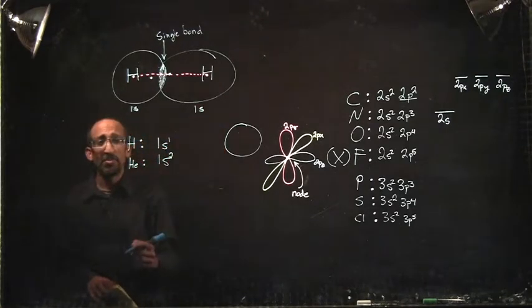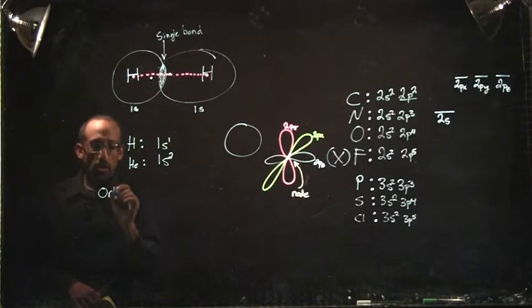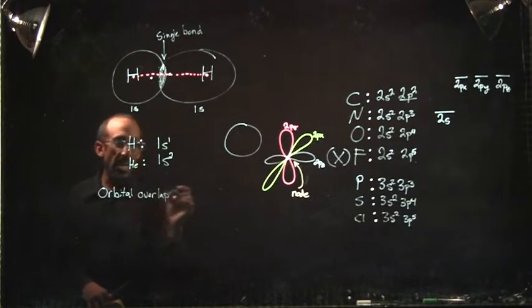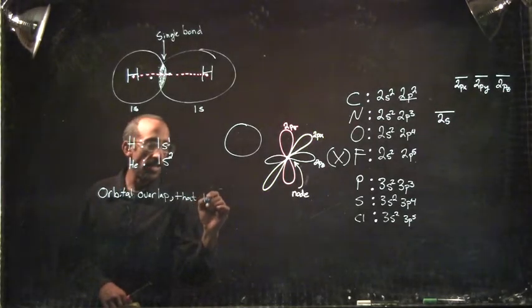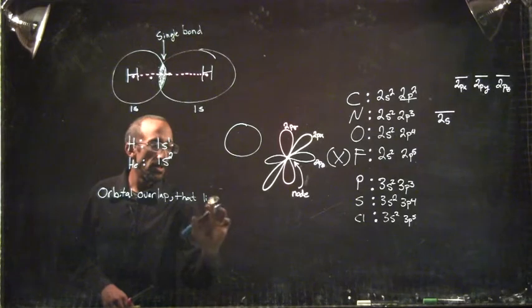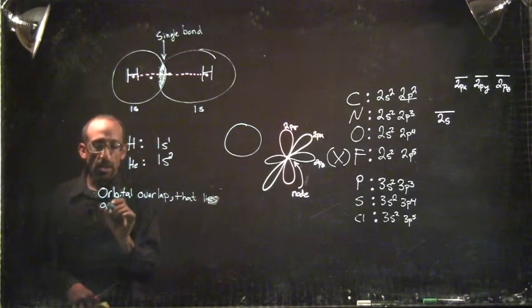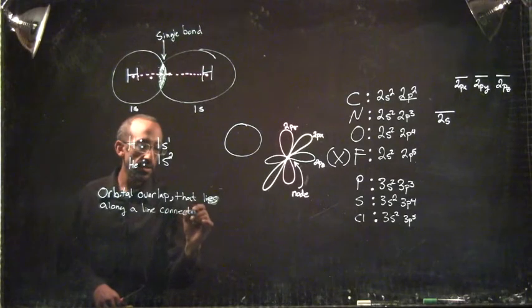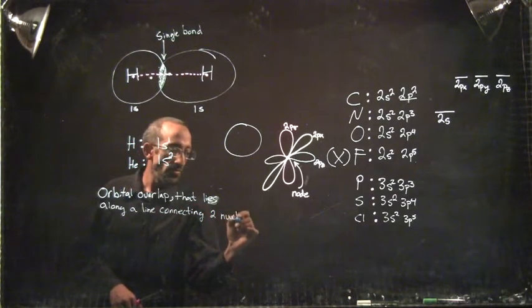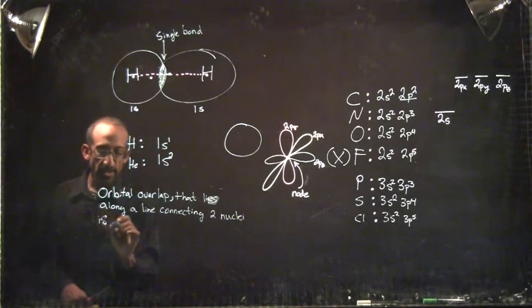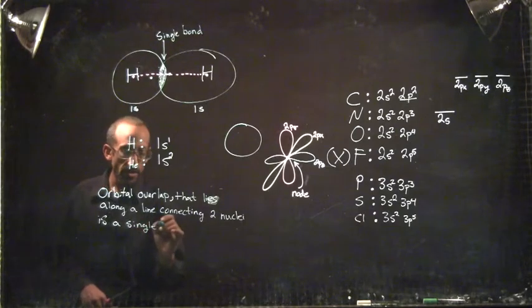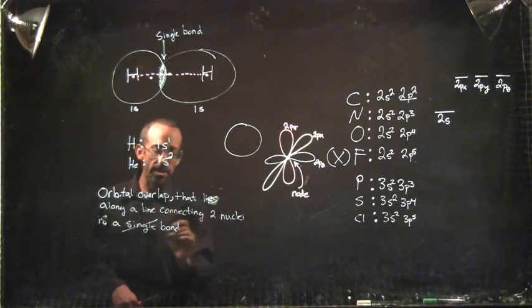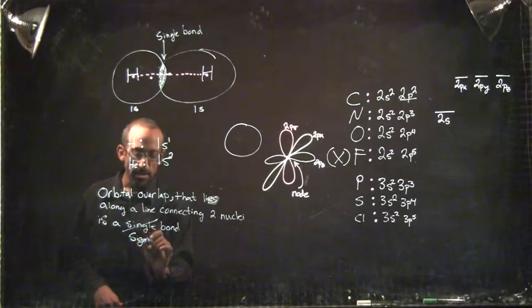And so we're going to establish one of our first bonding rules, that orbital overlap that lies along a line connecting nuclei is a single bond, which more importantly, we want to start now referring to not as a single bond, but a sigma bond.